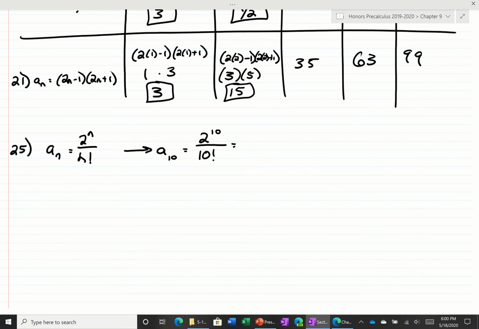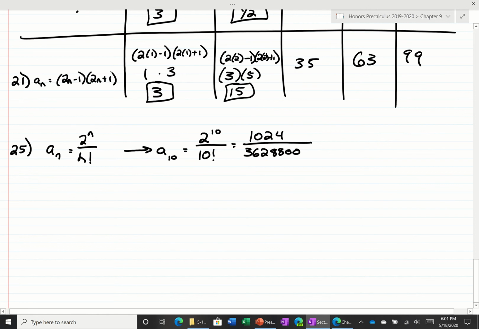So 10 factorial is really 1 times 2 times 3 times 4 times 5 times 6 times 7 times 8 times 9 times 10. Or you could just hit 10, the PRB button, go over to the exclamation point, and you'd get a really big number, 3628800. 2 to the 10th is 1024.